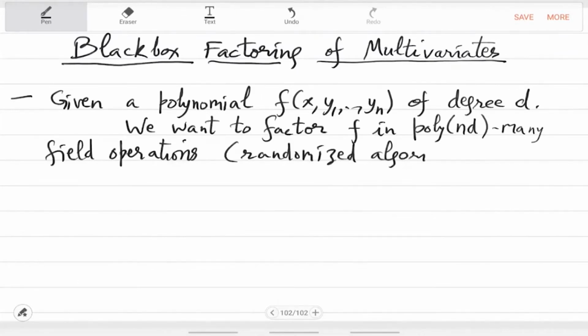That we have to allow, otherwise even univariates you can't factor over a finite field. So you are given a black box for f. The black box will come with the guarantee that there are n plus 1 input variables and one output. It will also promise that the hidden polynomial has degree at most d. So in these parameters you want polynomial time. That is the demand.